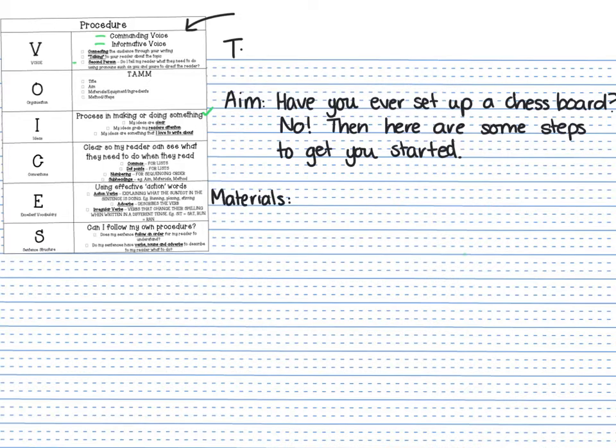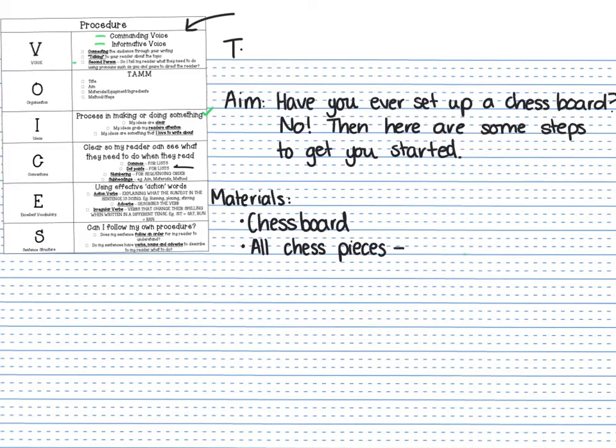I think the number one thing we need to make sure we have, I'm going to use dot points because I notice over here it says to use dot points. So materials, I need a chessboard. And I know Miss Ridderford listed off all the chess pieces, but I know if you have a chessboard set, you should have all the chessboard pieces. So I'm going to say here, all chess pieces.